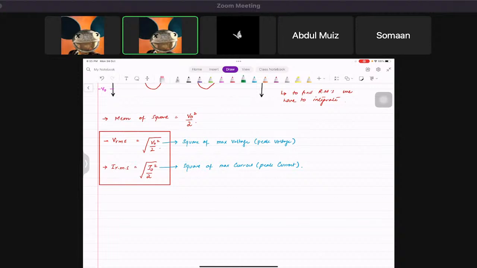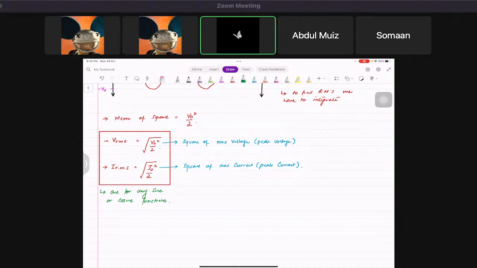These two formulas are for any sine or cosine functions, and that's how we can find RMS voltage or current. I hope that's clear. If you have any questions, please let me know.